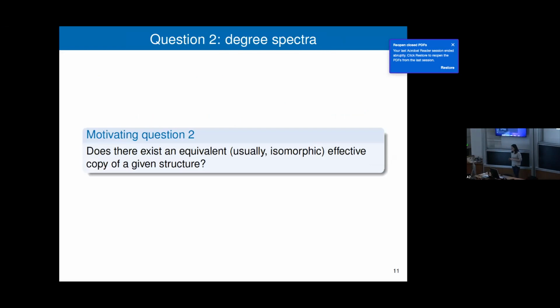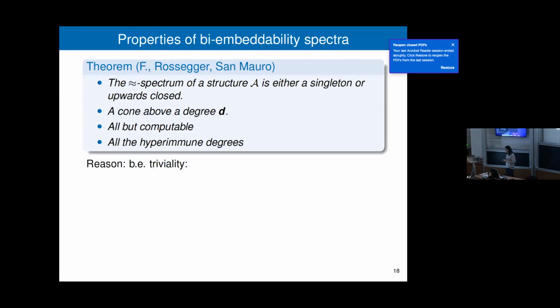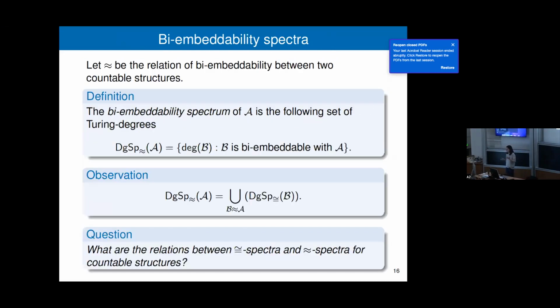Okay, so this is about the sigma n equivalence relations, and now let's go to bi-embeddability. The bi-embeddability spectrum is defined in the same way. We take the degrees of all the bi-embeddable copies of our structure. Quite obviously, the bi-embeddability spectrum is just the union of the isomorphism spectra, the usual degree spectra, of the structures that are bi-embeddable with our structure.